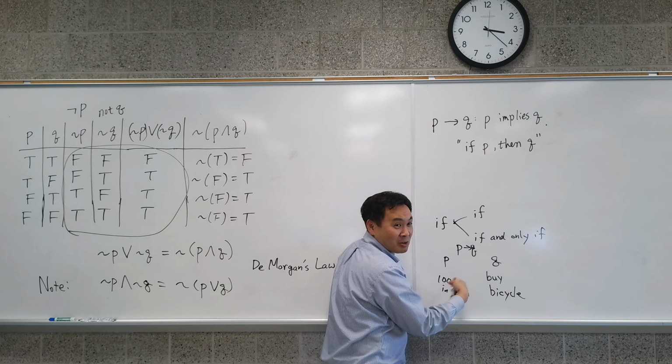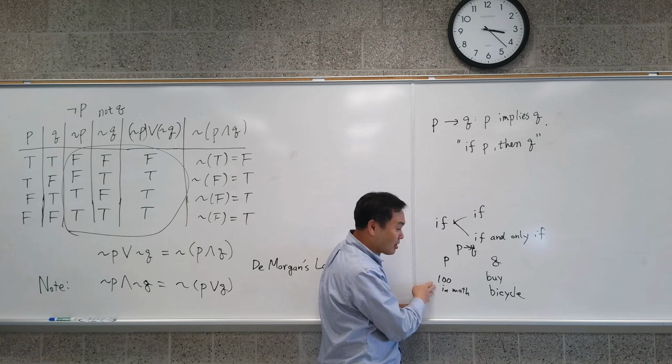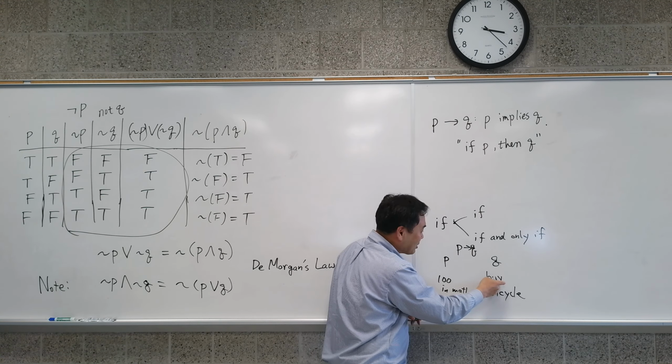What if the kid did not get 100 and Dad didn't buy the bicycle? Is this still a true statement? That's okay. If the kid didn't get the 100, so Dad said no bicycle for you, sorry, then the statement is true. Now, what's not so clear is this case. The kid did not get 100, but Dad bought a bicycle.